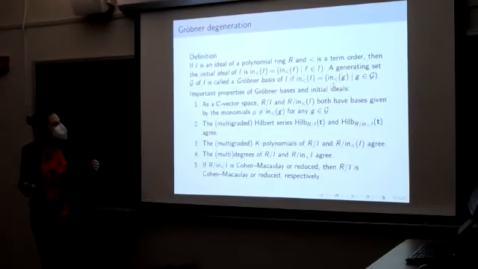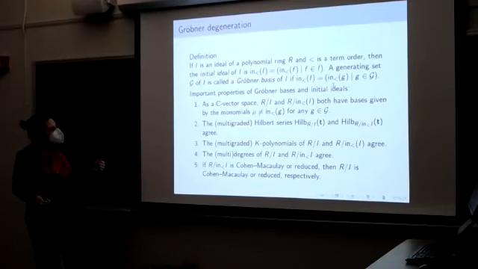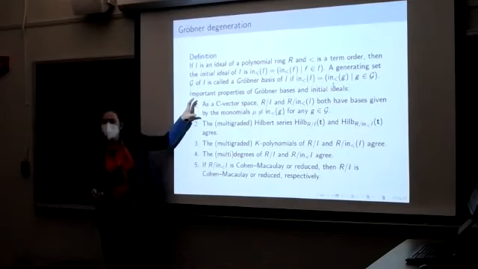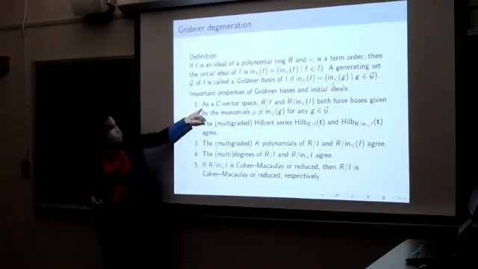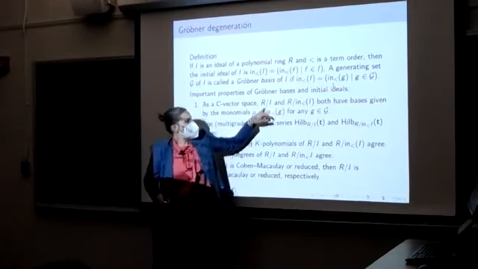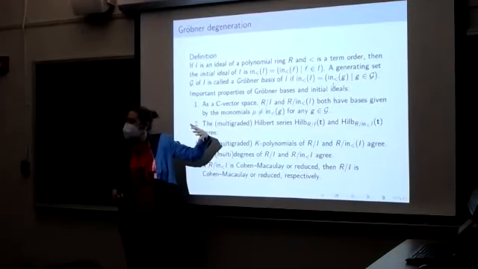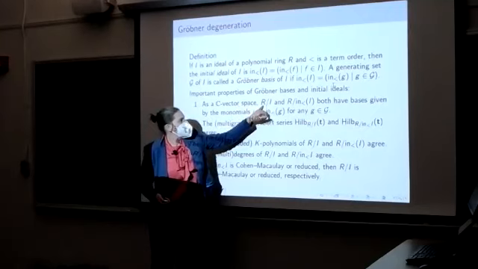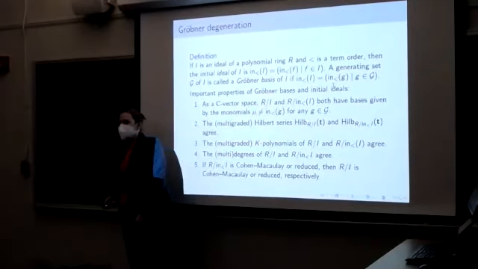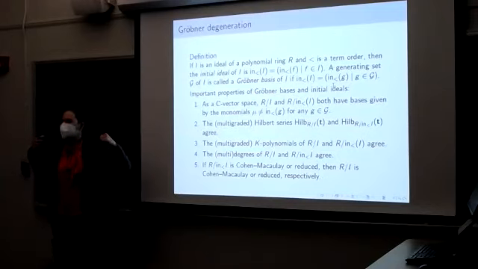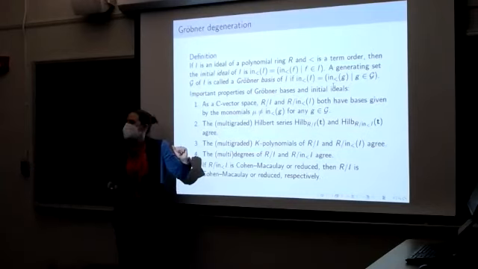So what do we like? Here's the definition staying up again. What do we like about Gröbner bases? Well, one thing is in terms of these Hilbert functions, like we saw in our first example, as C vector spaces, we get the same spanning set for R mod I and R mod the initial ideal, by which I really mean images of the same elements in R. Obviously, these are different quotients.